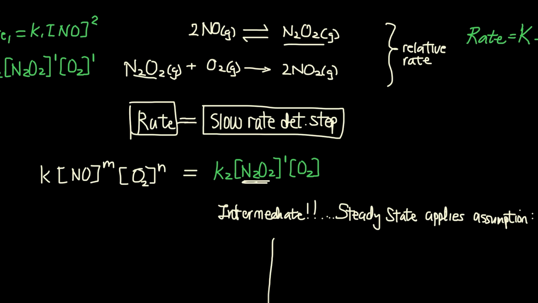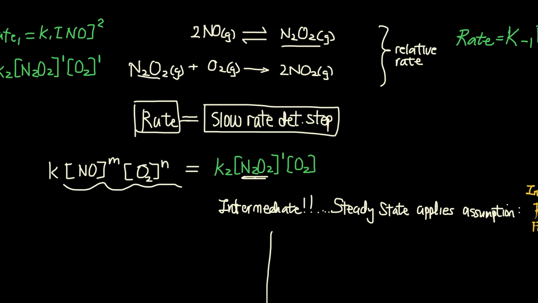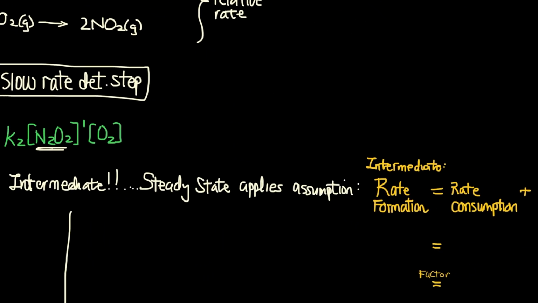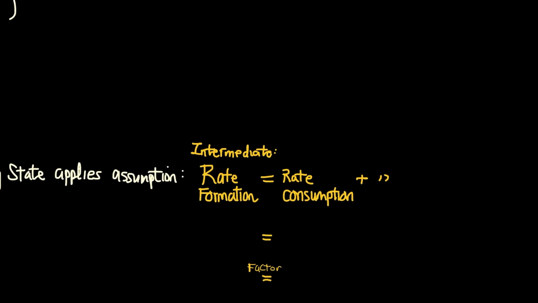We don't want any intermediates in our rate law, because if this intermediate was NO, then we could figure out what M would be equal to, because it would just match, but this intermediate is in the way, so we gotta do something. We're gonna apply the steady state assumption, where the rate of formation of the intermediate is equal to the rate of consumption of the intermediate.